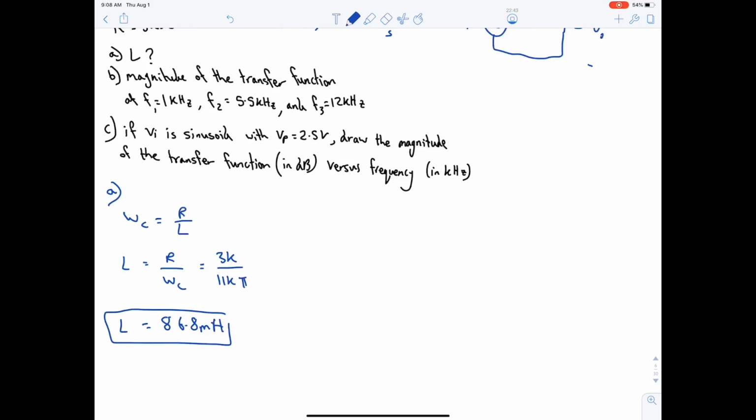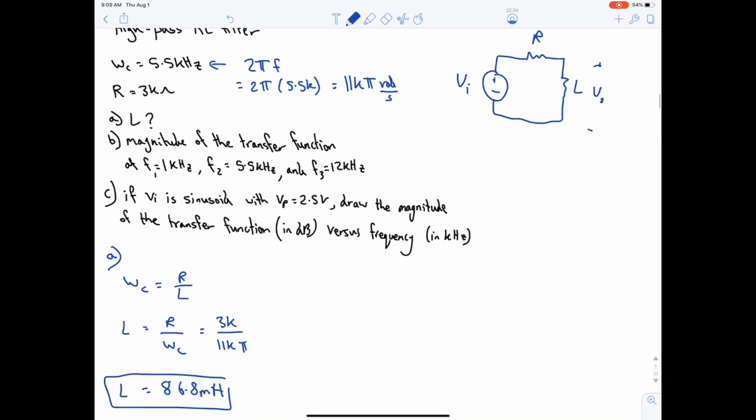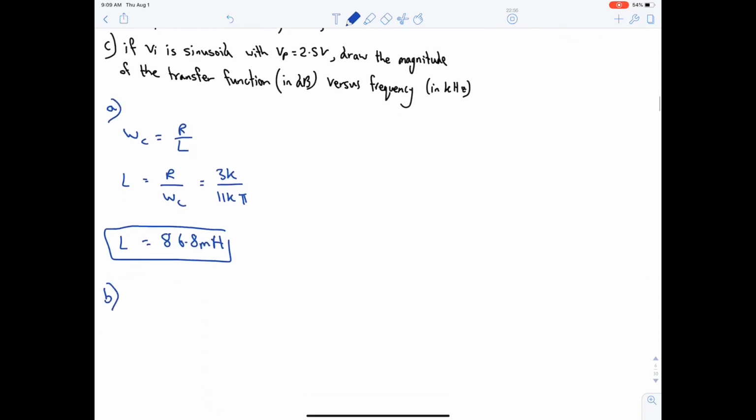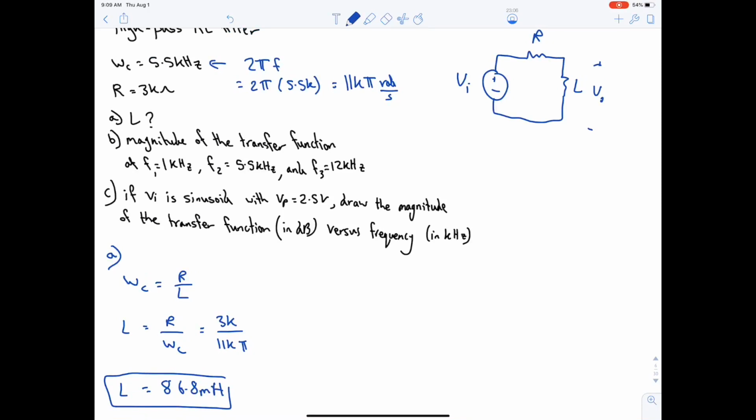So the first step is to find the magnitude. If you have memorized the magnitude, which I do not recommend, then that's fine. But in my case, I don't know what the magnitude is, so I have to recalculate it. So we start from the transfer function, H of S, which is V output over V input. V output is equal to voltage division.